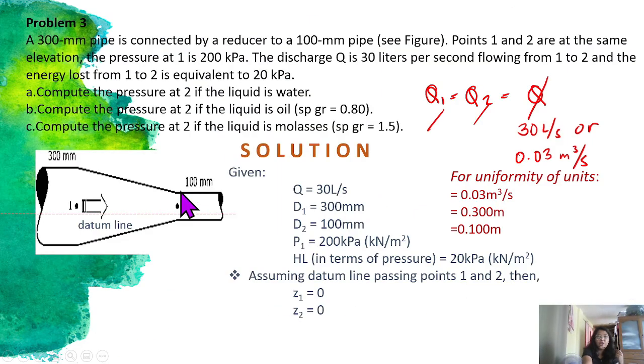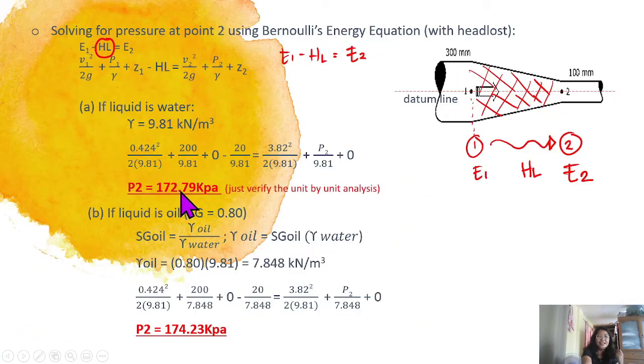From the problem, compute the pressure at 2. So P2 unknown over 9.81, the unit weight of water, plus Z2 is equal to 0 since the datum line is level. So compute it on the calculator and you will get that the pressure at 2 is equal to 172.79 kilopascal.